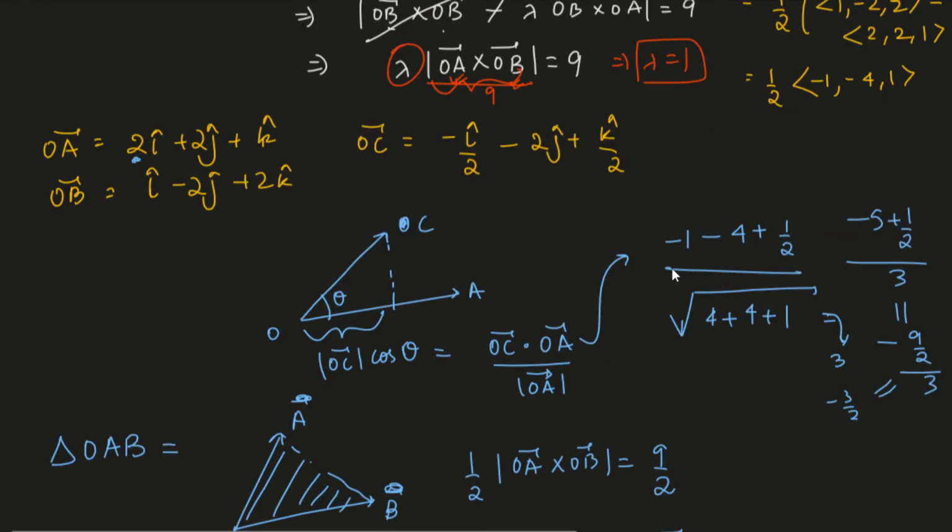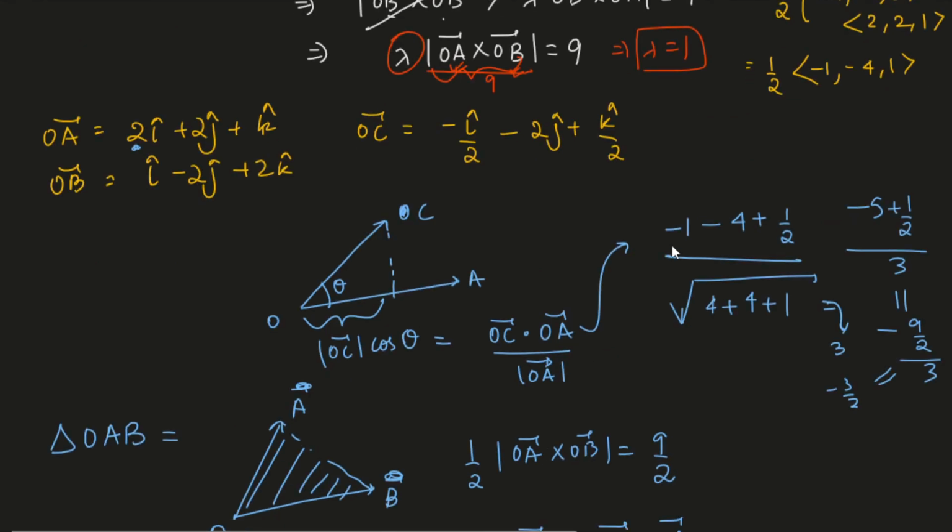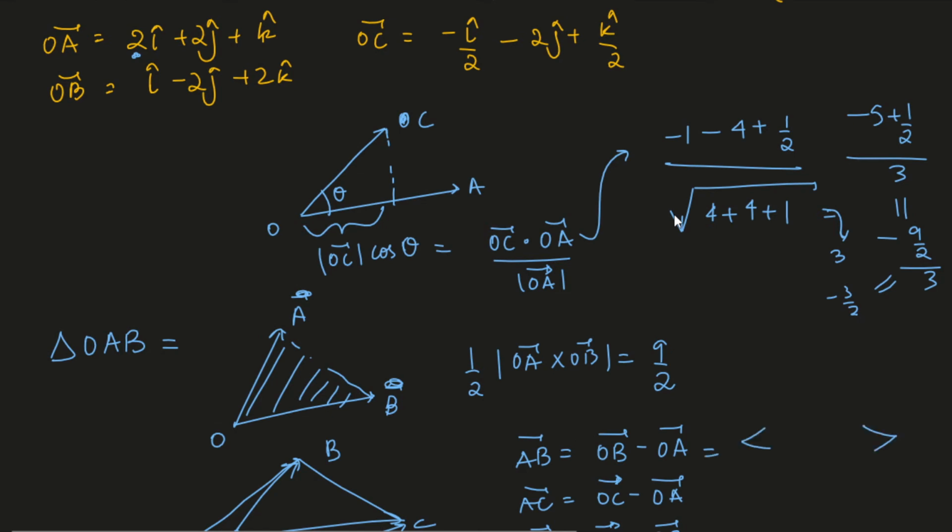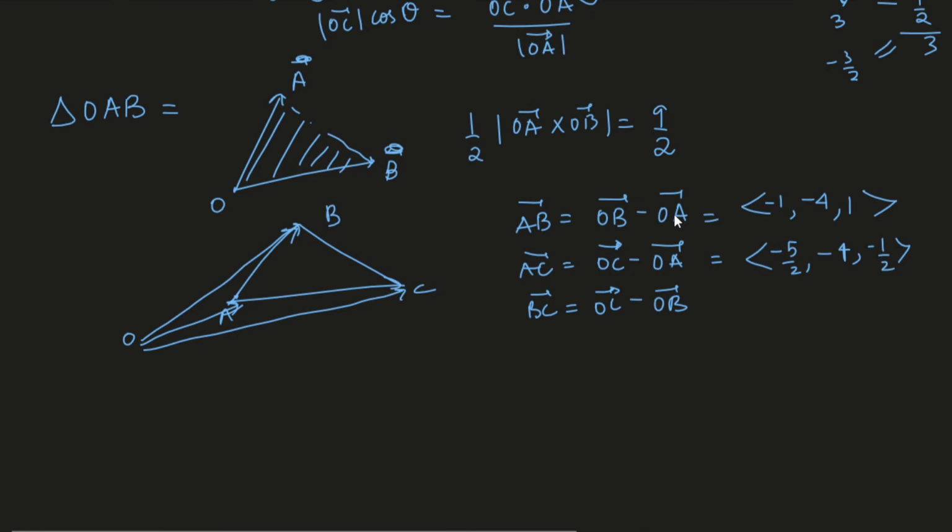Now, we just need two vectors, so let us just figure out the first two. The vector OB minus OA, again, I'll write it in the angular brackets. OB minus OA gives -1, -4, 1. OC minus OA gives -5/2, then -2 minus 2, that is again -4, and half minus 1 is -1/2, and we now take the cross product of it.